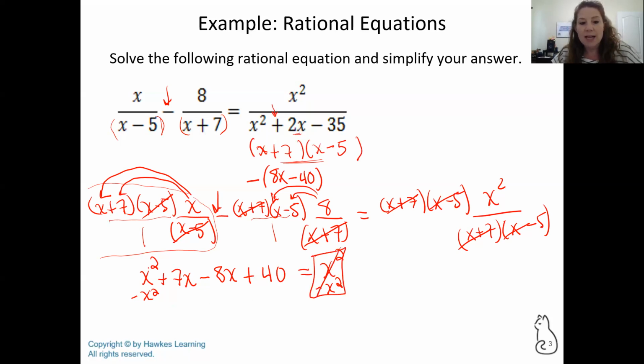Actually, this cancels also. See that? So now what do I have? I have 7x minus 8x is -1x plus 40 equals 0. Now I want to solve for x, so the opposite of plus 40 is minus 40.